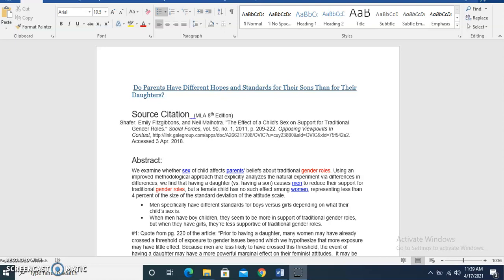Summarize each source and take note of your responses, like specifically, why is this article important, or what does it have to do with the point that I'm trying to make? Because if you jot that stuff down, it's going to be easier for you to create paragraphs. And really, with this type of paper, you need to be strategic about that.